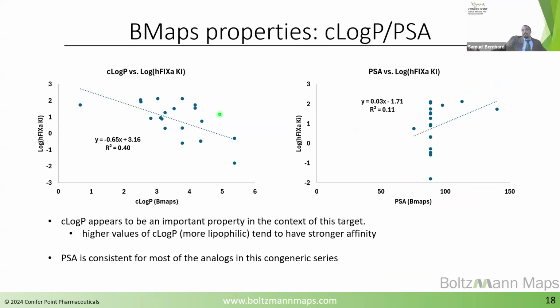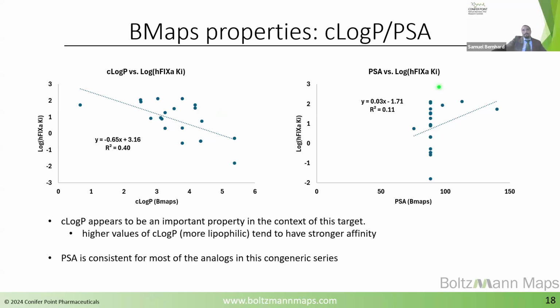Within Lipinski's rule of 5, a desirable log P should be between 0 and 5, with a larger value indicating a compound is more lipophilic. In this case, there's a weak relationship between affinity and log P, indicating that larger C log P corresponds with higher affinity compounds.